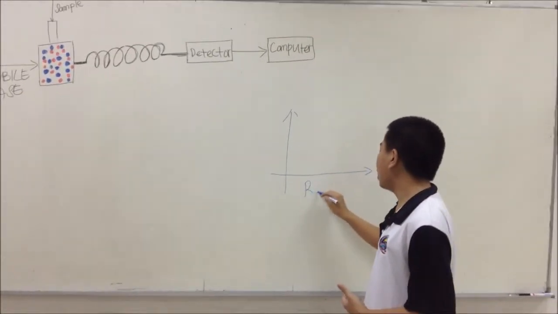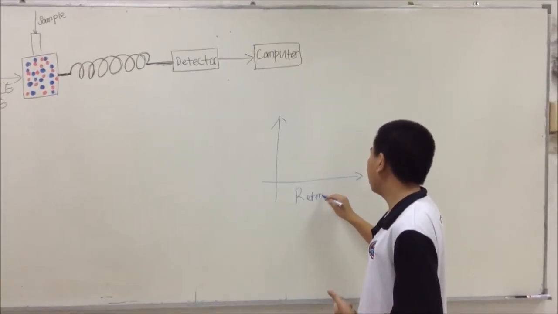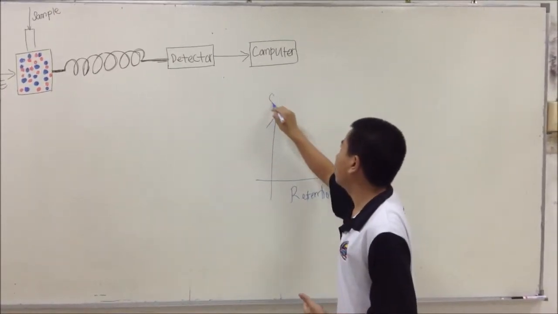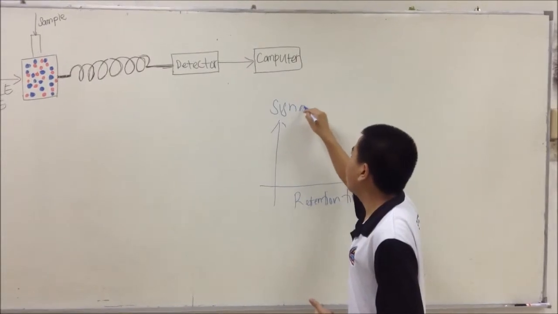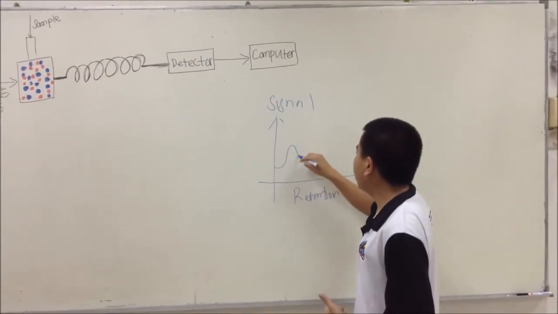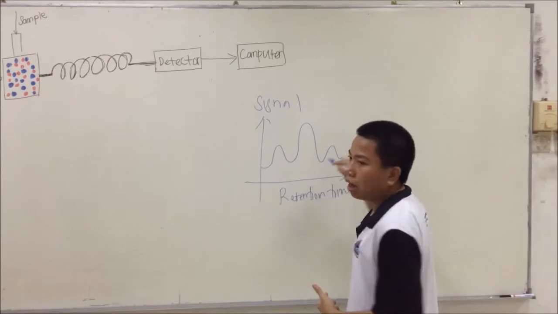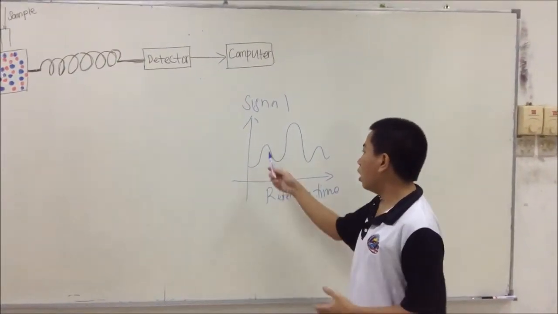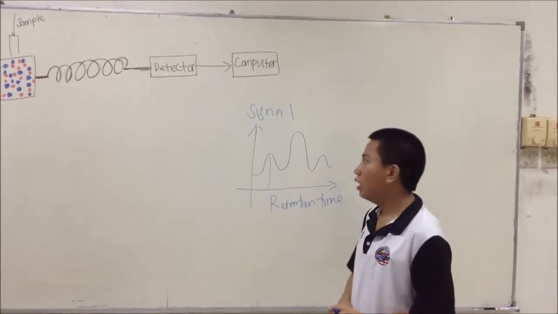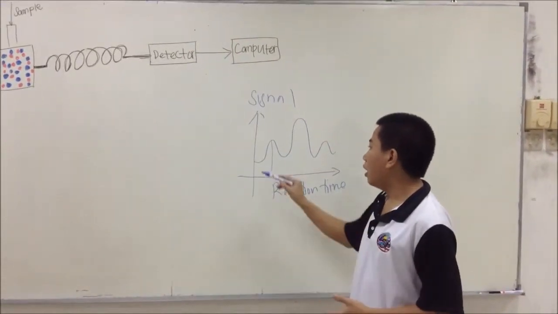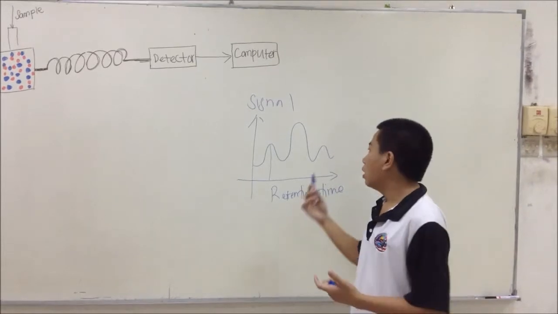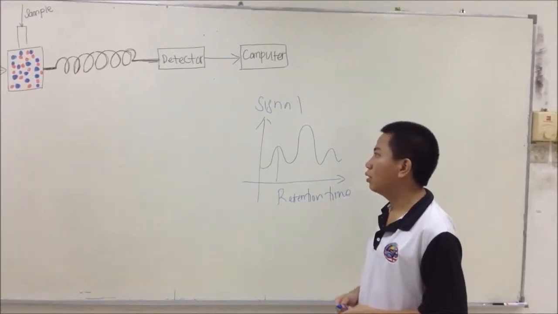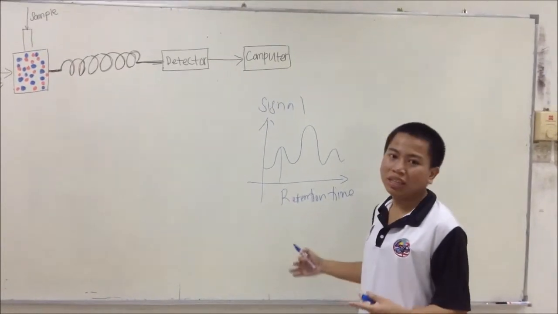Here is retention time, and here is the signal, and it will show like this. At different retention times, you will have different compounds that can be found in the sample. And the area here determines the concentration in the sample. So that is how the GC works.